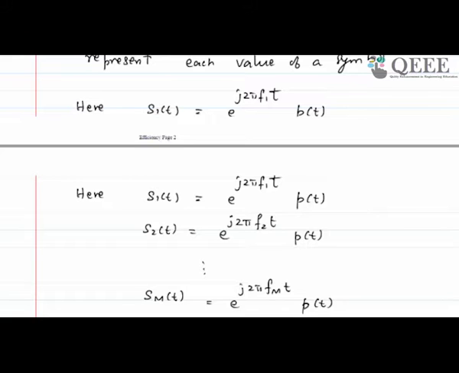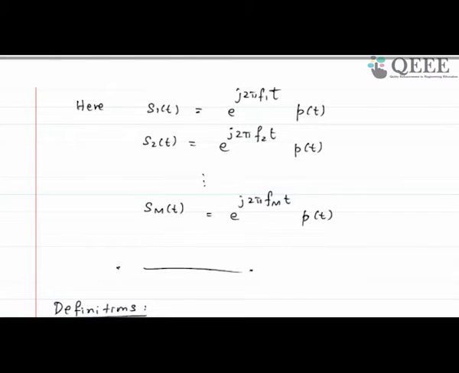We can also allow the frequencies to be complex exponentials. So S1 of t is e power j 2 pi f1 t, S2 of t is e power j 2 pi f2 t, and so on. So you have m such frequencies. Each signal corresponds to a frequency multiplied by some pulse. That pulse might be something like a rectangular pulse, which will restrict your cosine waveform to a finite time duration of T seconds.